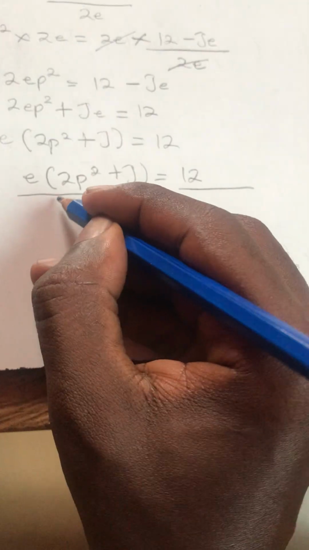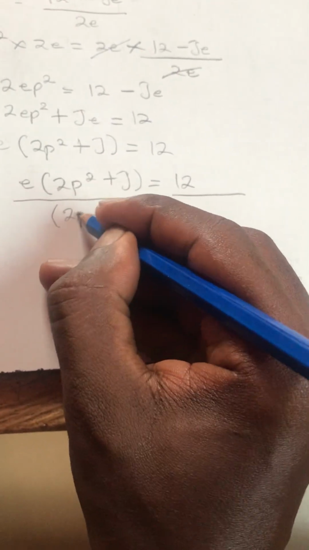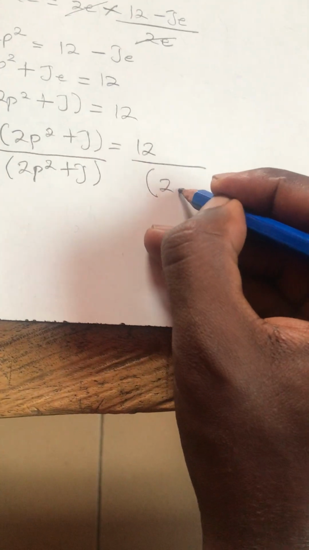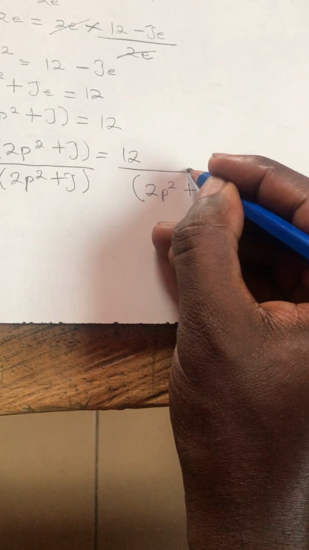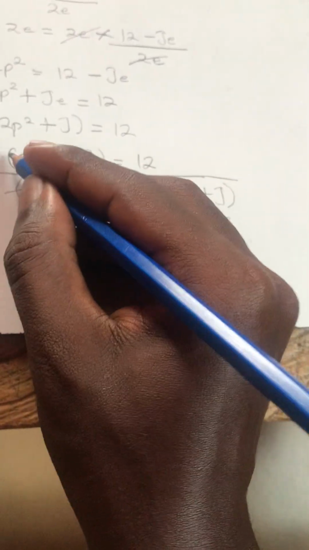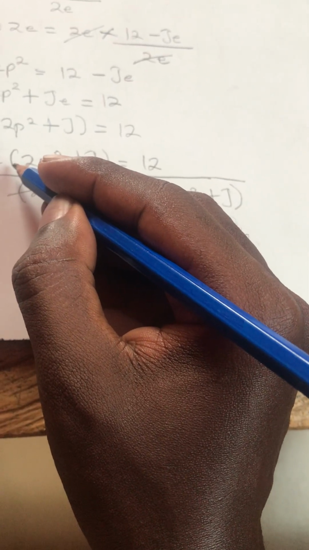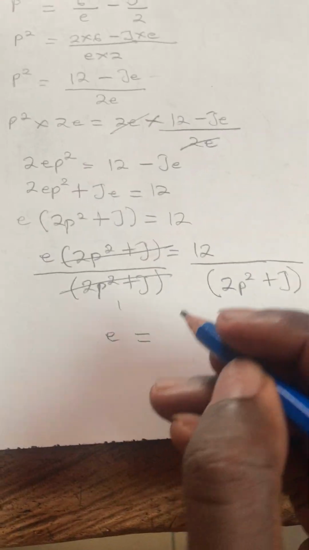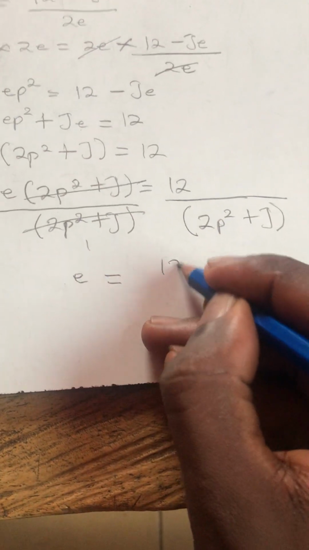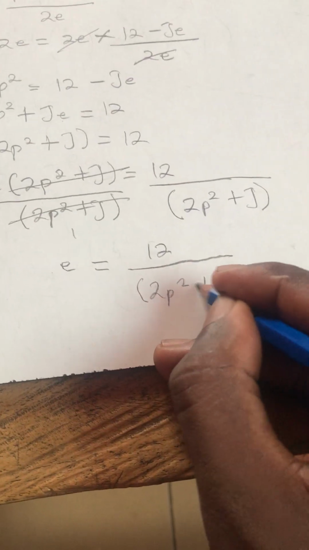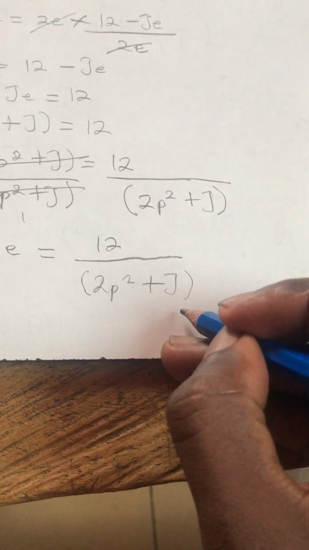So we divide both sides by the bracket 2P squared plus J. The 2P squared plus J will cancel itself, so we cancel the 2P squared plus J attached to the E. So we are going to have our E to be the fraction 12 over the bracket 2P squared plus J as our final answer.